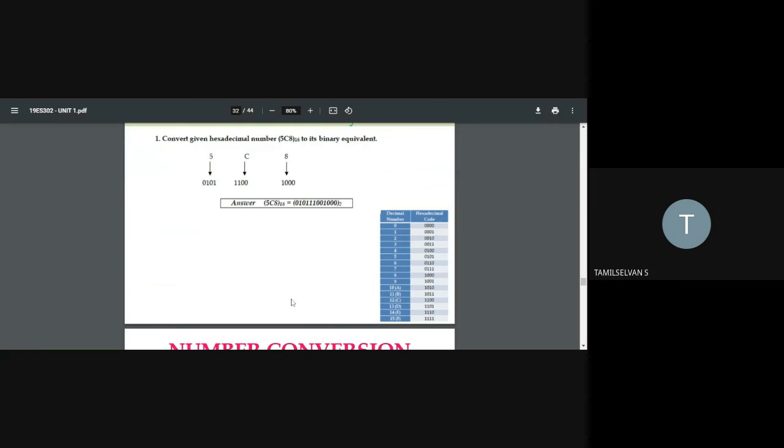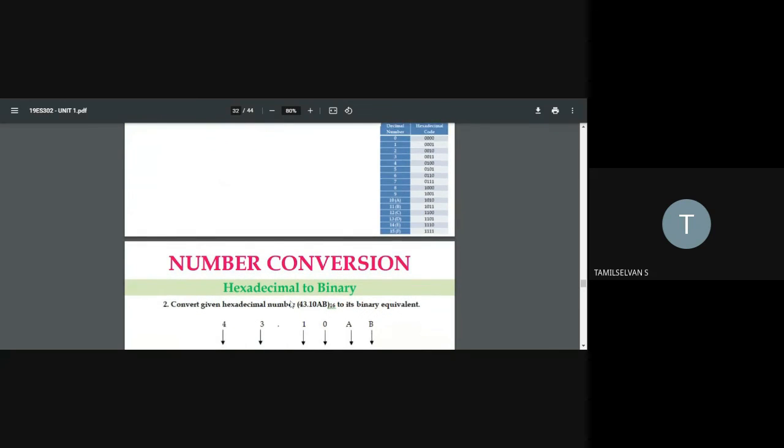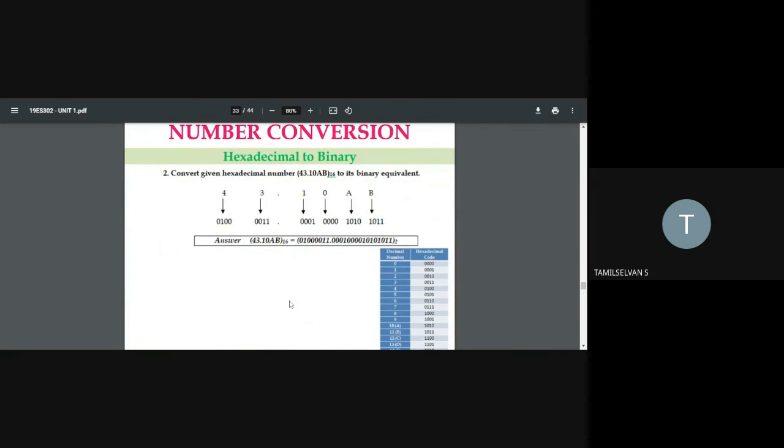Next I can move to example number 2 in the same conversion with a floating point. Consider 43.10AB to the base 16, to convert into its binary equivalent. Each hexadecimal digit contains 4 bits.